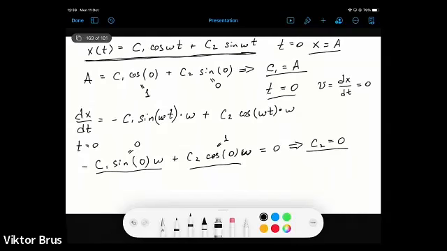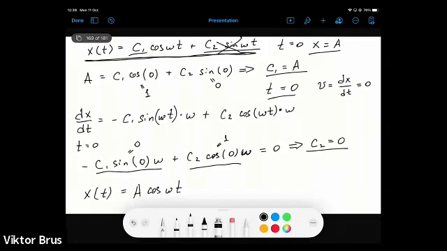That will be the equation for the simple harmonic motion. So x as a function of t is equal to A, which is our constant C1, times cosine omega t. C2 is equal to 0, that's why we don't have this term here.